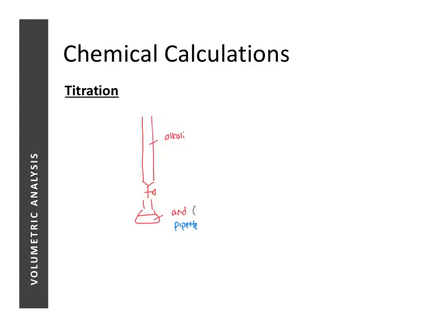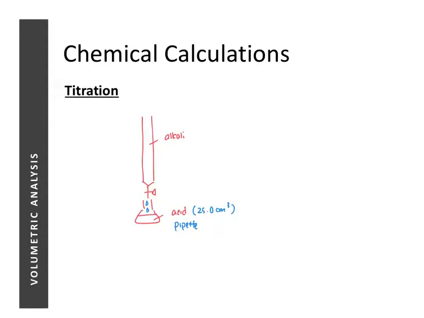So the volume is fixed. It is usually 25 centimeter cube. In a titration, what we do is add the alkali slowly from the burette until the acid is just nice reacted away.